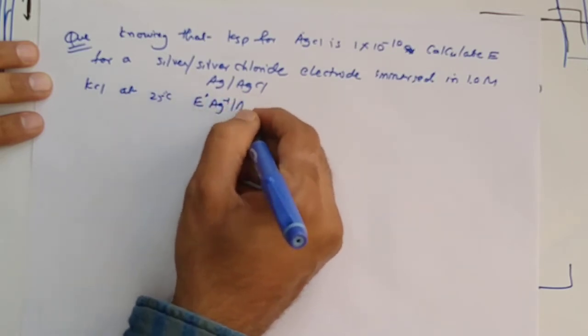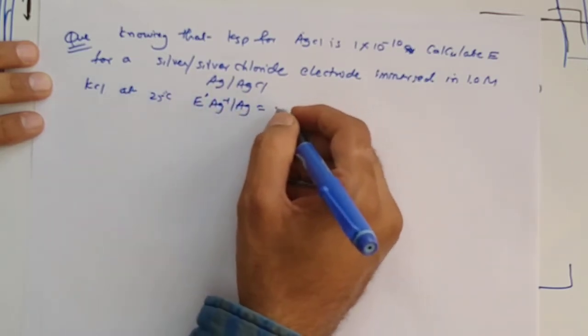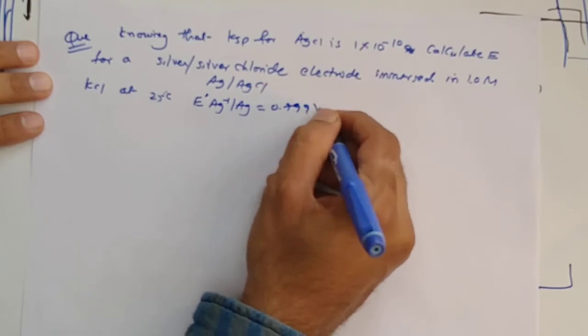Here E degree Ag plus/Ag is given as 0.799 volt.